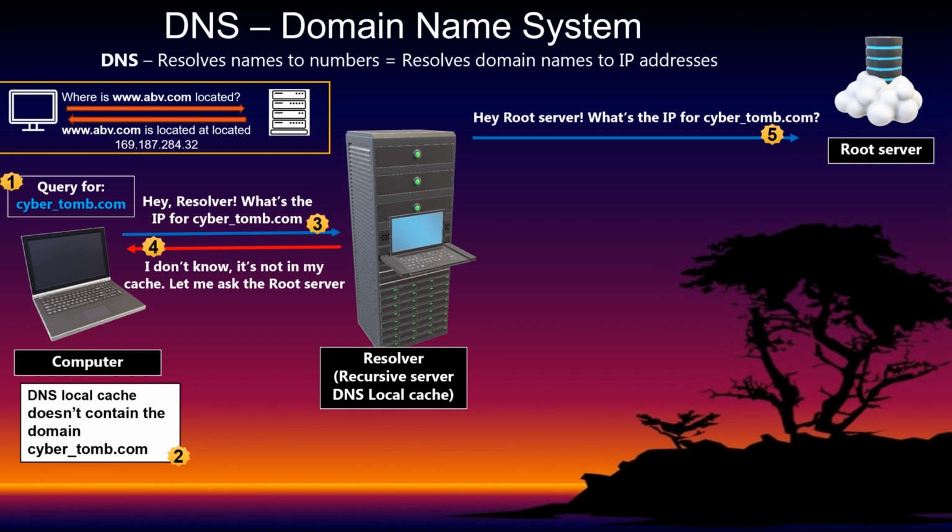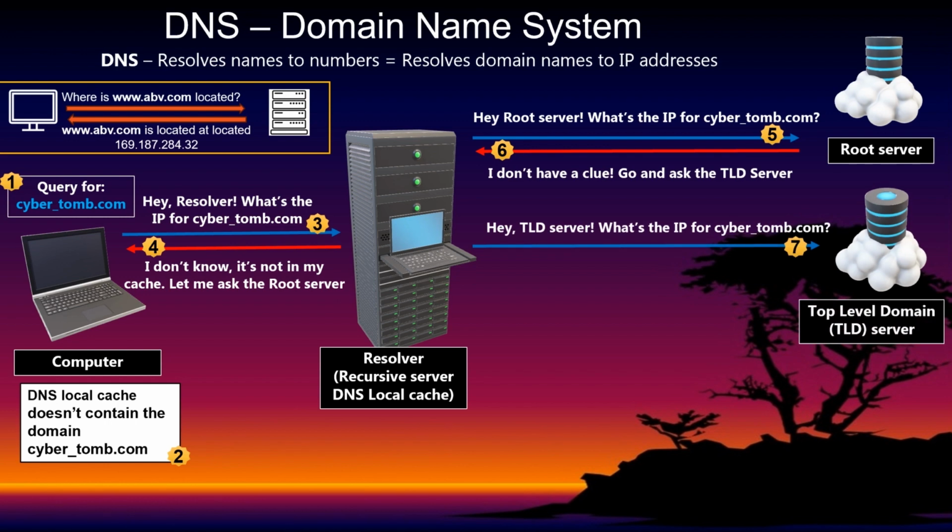If the root server doesn't know the IP address, it will return this information to the resolver and say, I have no clue, go and ask the TLD server. The resolver will go and ask the TLD server, which stands for top level domain server.